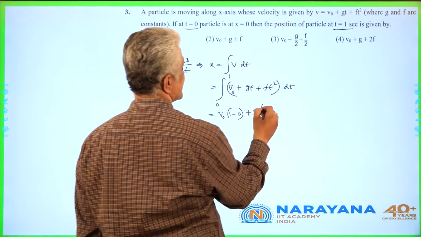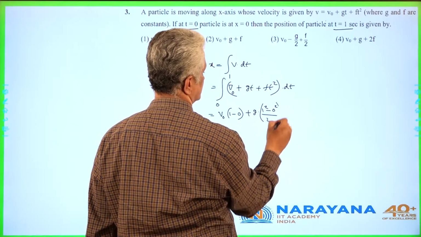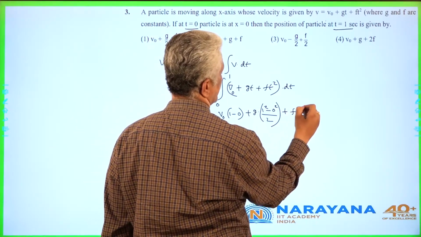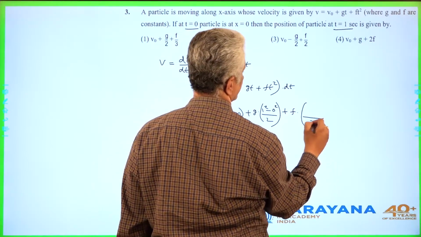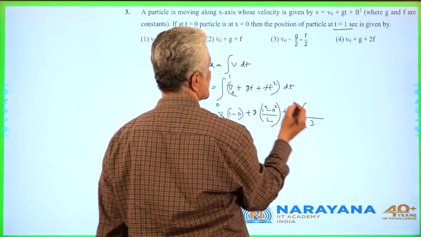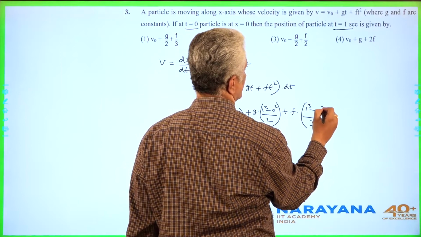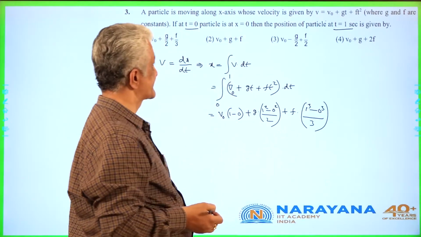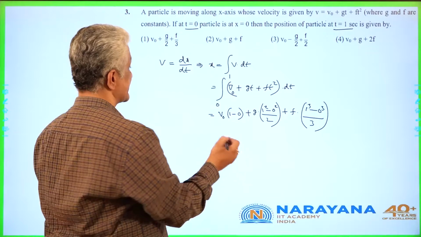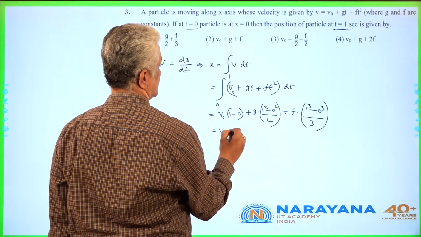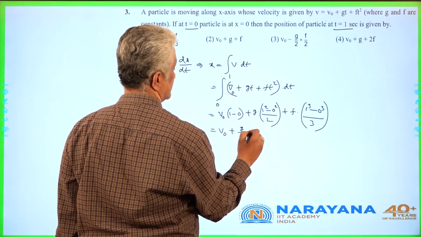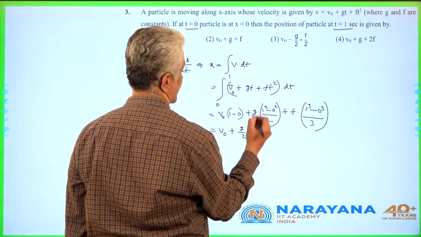The t square is 1 square minus 0 square, plus f into t cube by 3. That is t cube is 1 cube minus 0 cube by 3 after substituting limits. So finally we get this as v naught plus g by 2 plus f by 3.